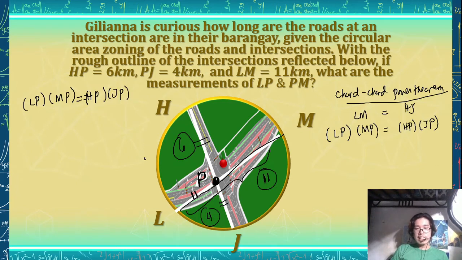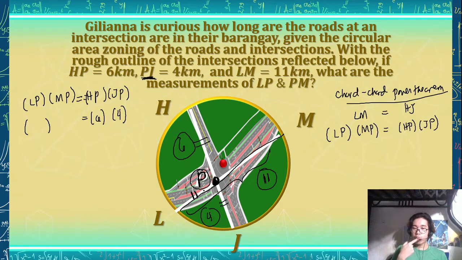Let's say we have the value for HP, so that's equal to 6, and we have the value for JP or PJ, so that's equal to 4. So that should be equal to the length of LP. Here, LP is line LP, and it's missing.